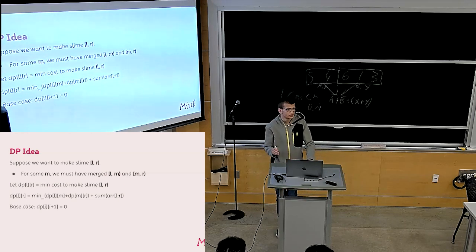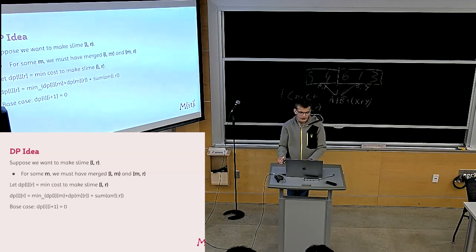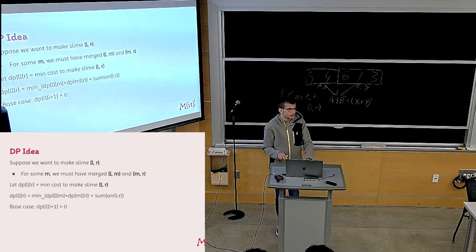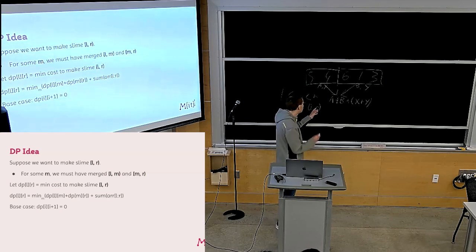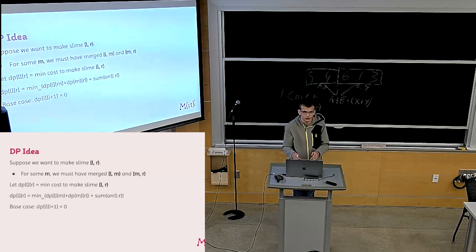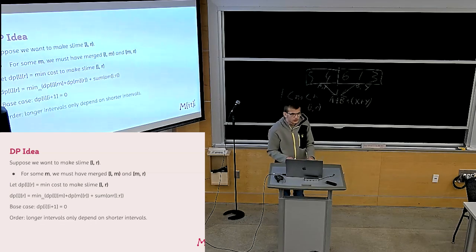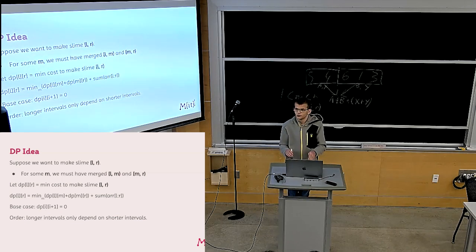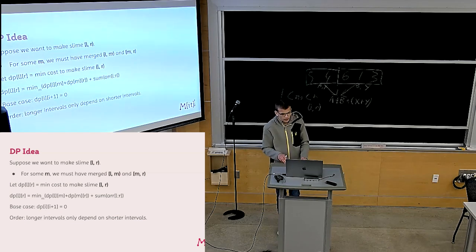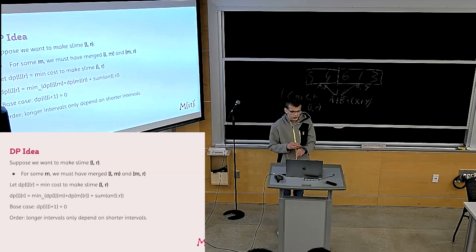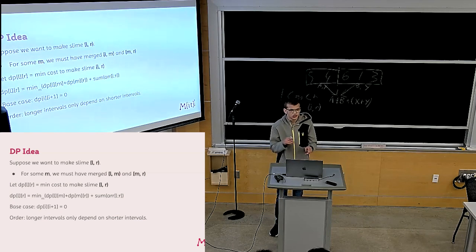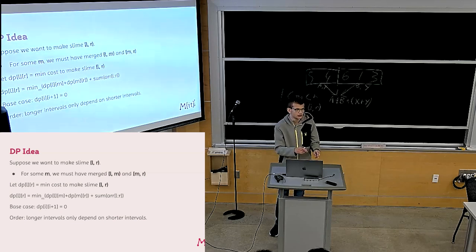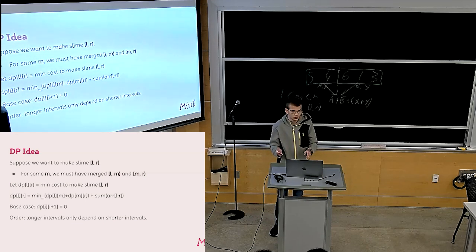And then the base case that we will have is that the cost of any subarray of length 1 is just 0, because obviously if you have one slime by itself, it's already merged into one slime, there's no cost to be paid. And then as for how to compute all of these states, we need to make sure to iterate in an order such that each state only depends on a previous state that we have already computed earlier.